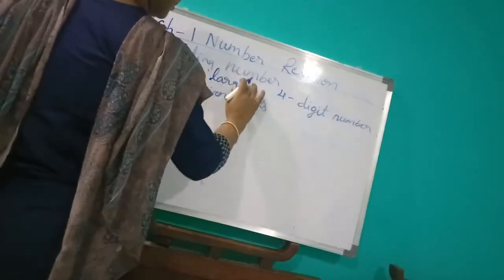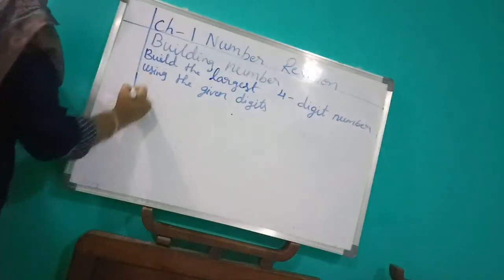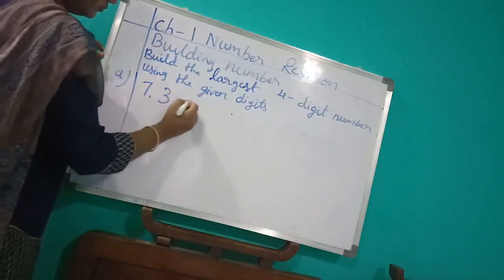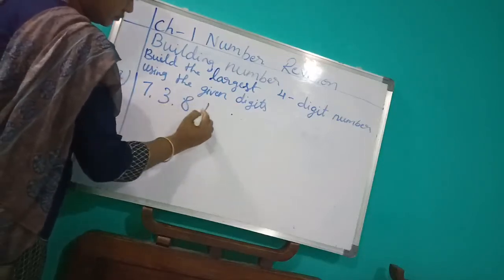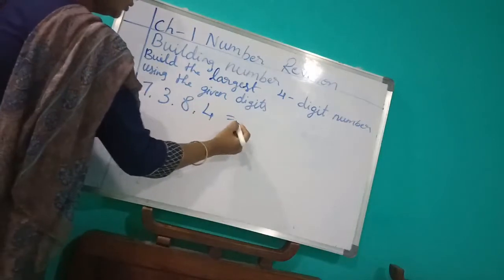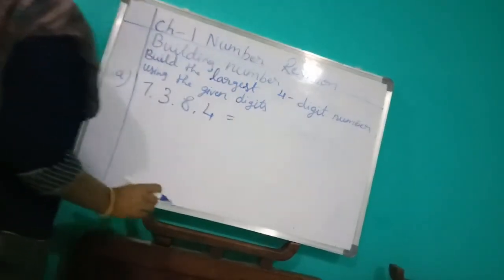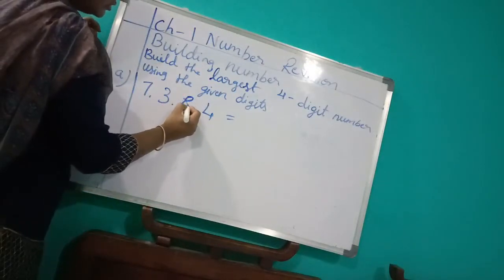Largest 4-digit number. Okay. See, for example, see what you have to do. You should arrange in the descending order. Descending order means what? Large number to smallest number.